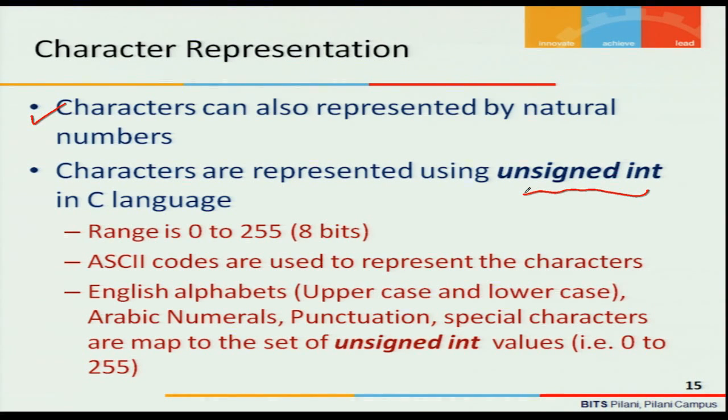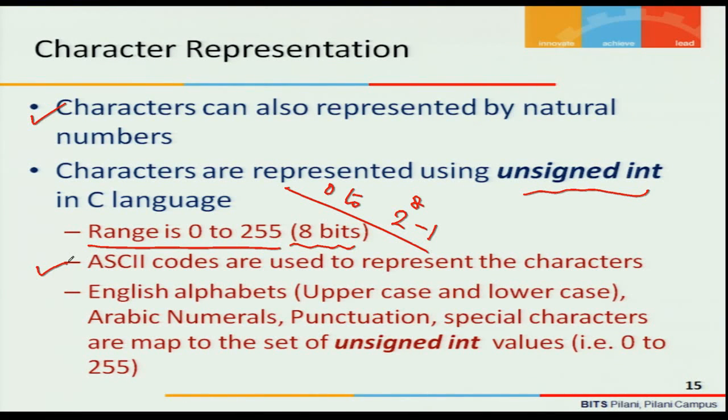So unsigned integers are more appropriate. Using 8 bits, the range of numbers I can represent is 0 to 255, that is, 2 raised to the power 8 minus 1, starting from 0.